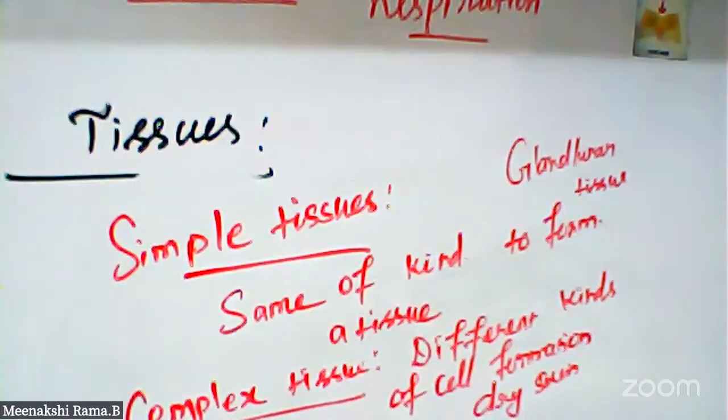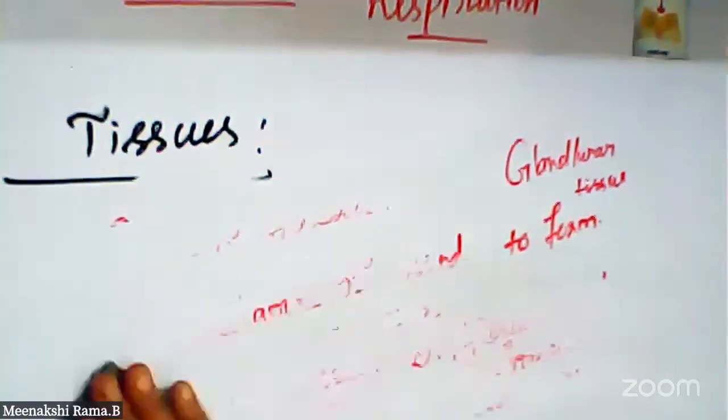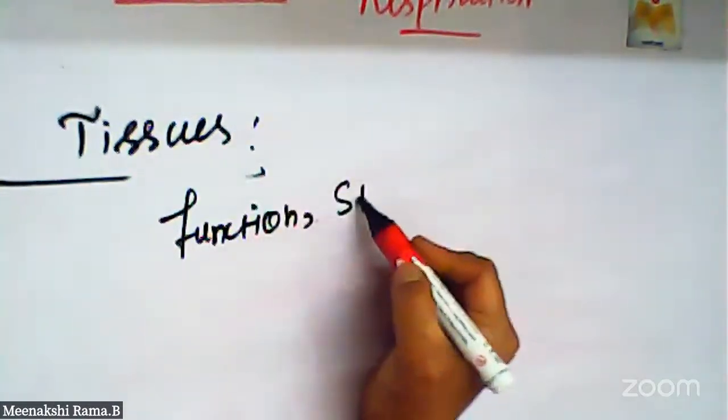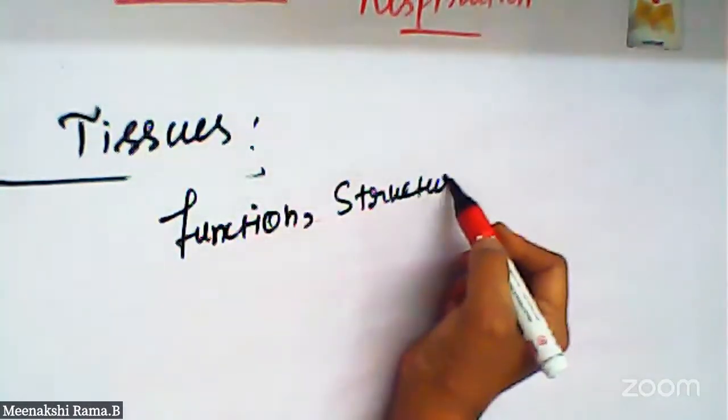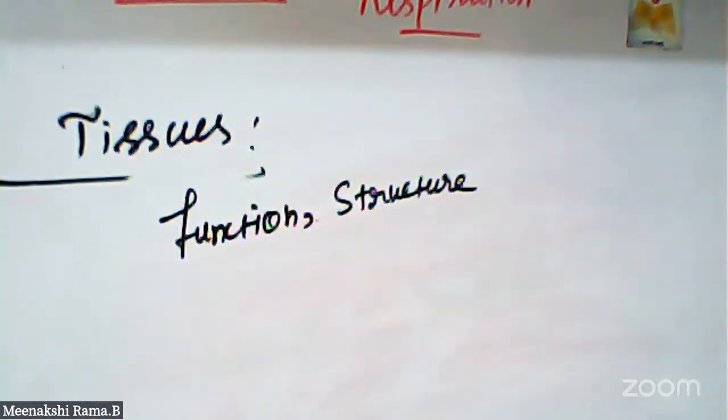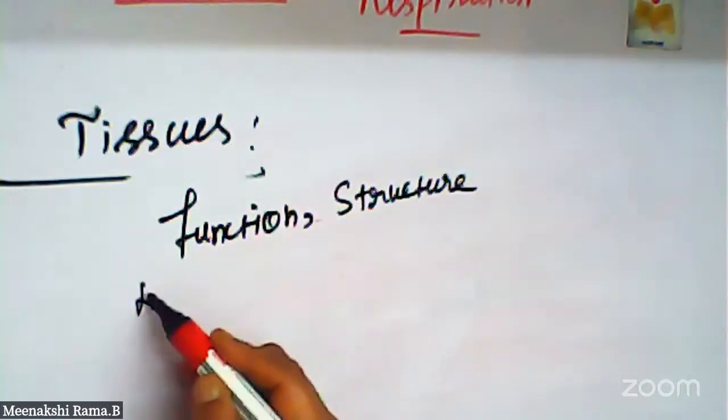What are the types of tissues? The next heading is types of tissues. Depending upon their structure and functions, in the structural part as well as the functional part, we are going to classify tissues into 4 types.